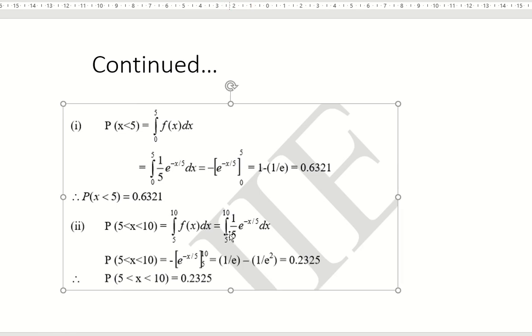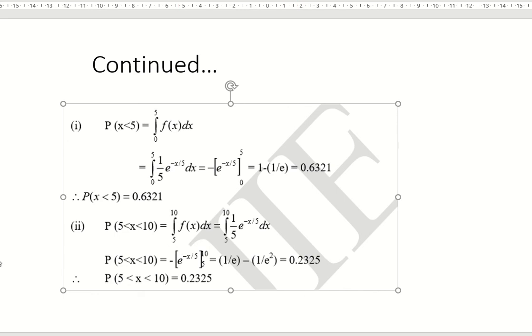So the 1 by 5 gets cancelled. What remains? Minus e power minus x by 5, limit from 5 to 10. Apply the upper limit, minus 10 by 5 means minus 2, and the lower limit e power minus 1. So minus of e power minus 2 minus e power minus 1. Or you can take the minus inside. So that is 1 by e minus 1 by e square, that is 0.2325.